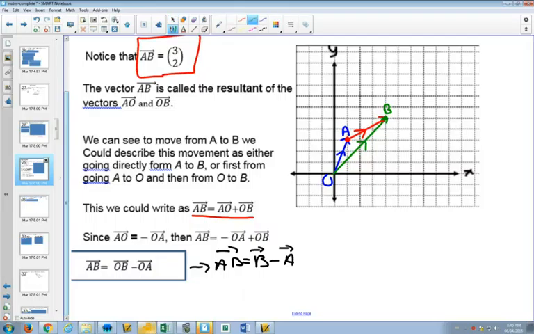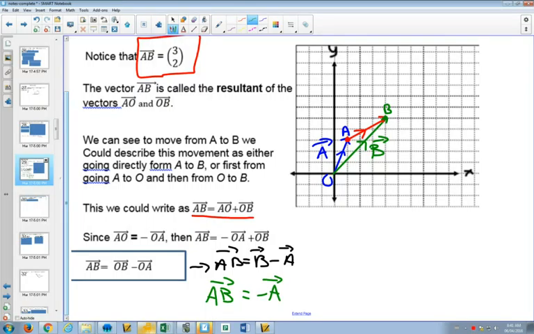We have vectors A and B. So going to A, we label that as vector A, and going to B, we label that as vector B. Does it make sense that to go from A to B, and I personally like to write it this way because it makes sense to me. I'm starting at A. I need to go the opposite direction to get to O. That's going to be negative A.